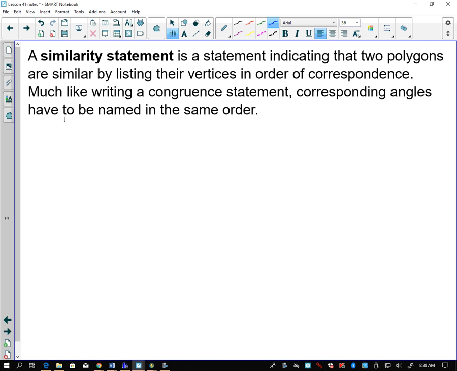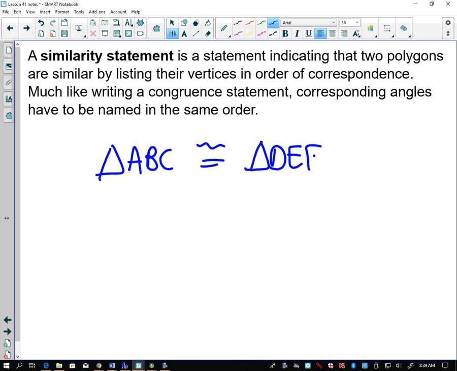Okay? Similarity statement is a statement indicating that 2 polygons are similar, much like when we make a congruent statement. The only thing that's different is instead of saying triangle ABC is congruent, where we have that symbol, to triangle DEF, because they're not congruent, they're not equal to each other, we throw away the equal sign and we leave just the similarity symbol.